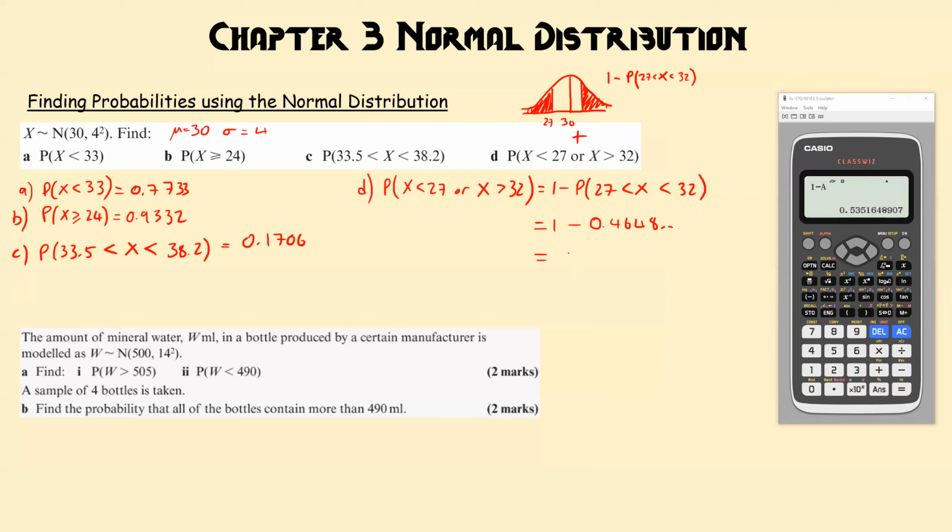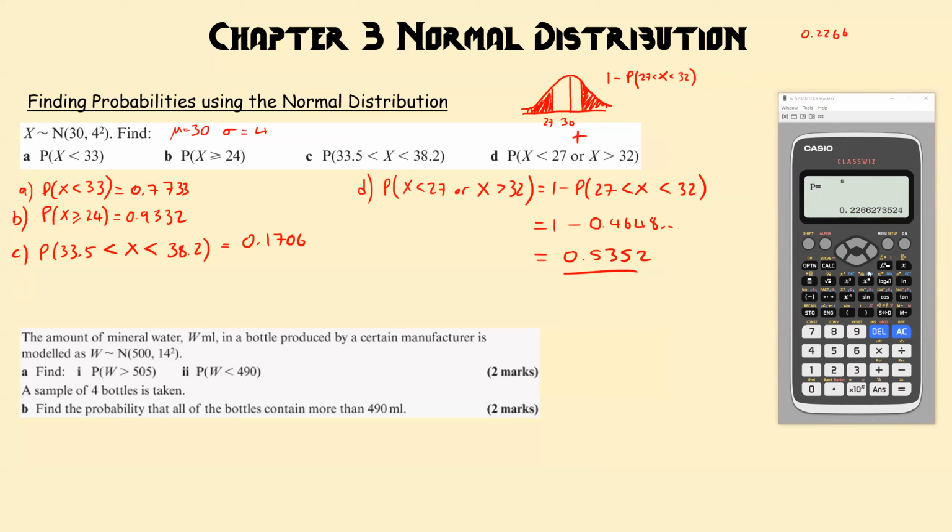Or you can simply work this out manually, or if you've written it all down, you can simply work that out. Just to show you that's the same, I'm going back to number 7 into this mode again. My lower bound, if it's less than 27, I'm just going to put minus 100, 27 as the upper bound, standard deviation 4, and mean is 30. That tells me it's 0.2266. Just put that up here for now.